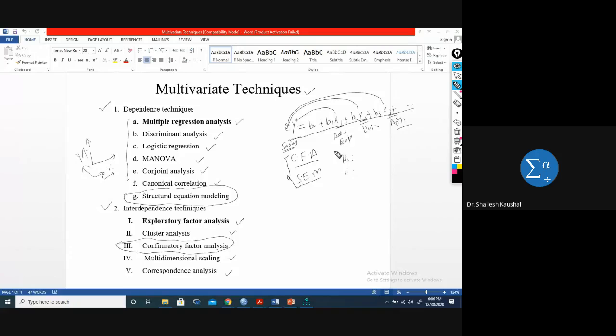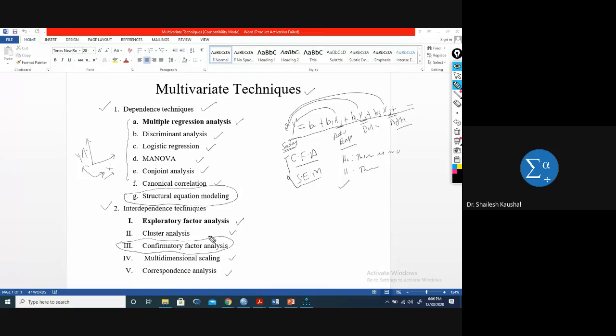In the null hypothesis, we assume there is no impact or no relationship between advertising expenses and sales. But the alternate hypothesis says yes, there is a significant relationship between advertising expenses and sales. So we can check our hypothesis in this dependence technique.